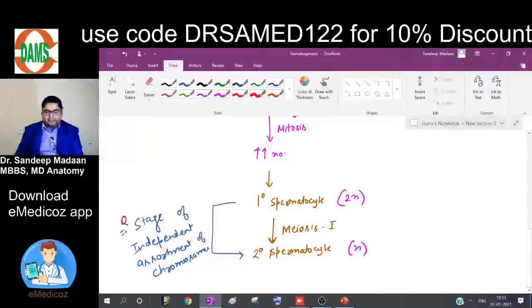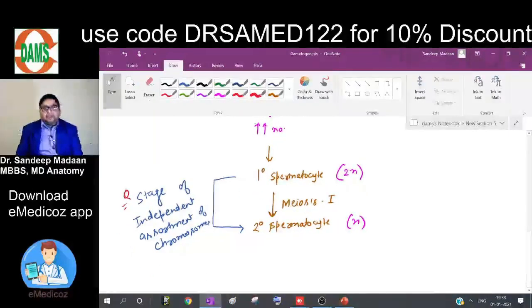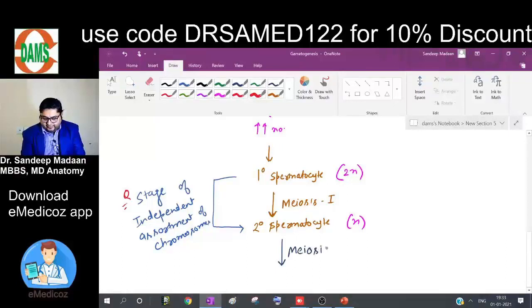The question is, which stage is the stage of independent assortment of chromosomes? The primary to secondary spermatocyte. Fine. Now this secondary spermatocyte, which is already haploid in number, will undergo meiosis 2, and the spermatids are formed.